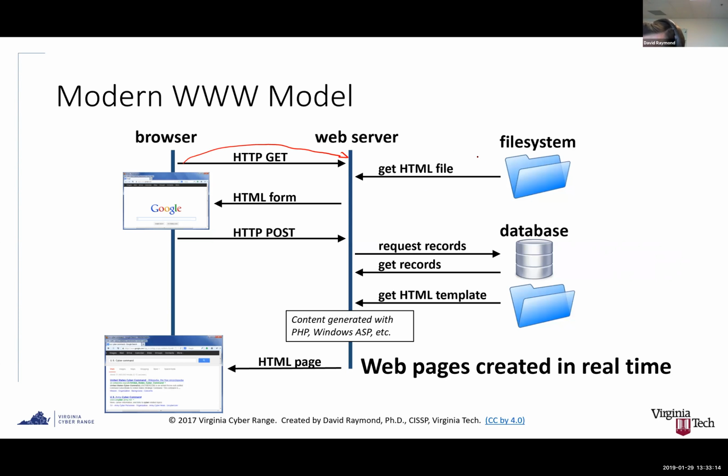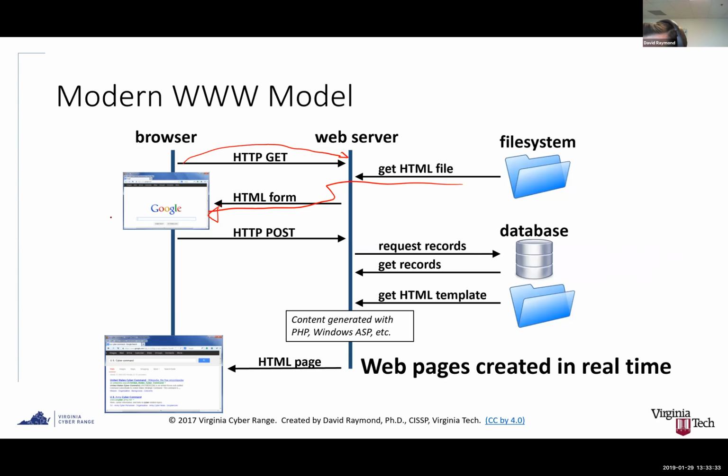So if you think of somebody browsing to google.com, you send your GET request, and the web server is going to return, in this case, a form. And the form in this case is the Google homepage, and it's got a field in it where you can type stuff.